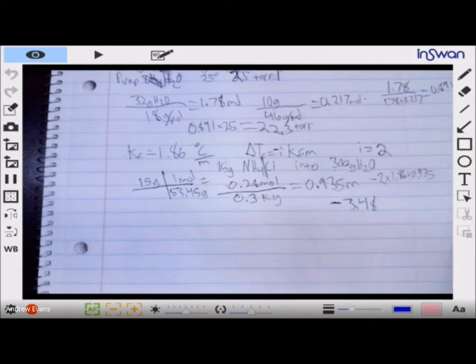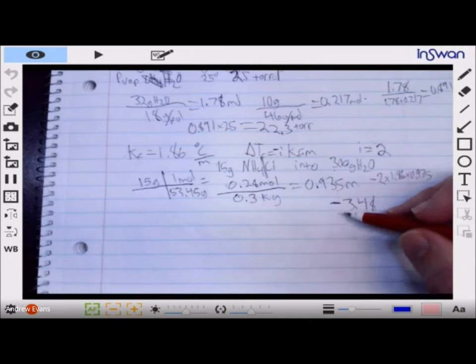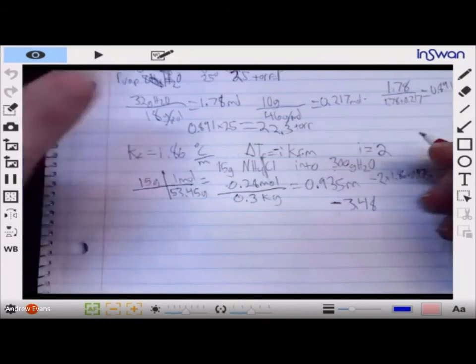Because water's freezing point is 0, 0 minus 3.48 is negative 3.48. So we don't have to do any fancy math here. That's our answer. But for example, if this was a boiling point elevation, our new boiling point is 103.48. But we don't have to worry about that because we're not doing boiling.